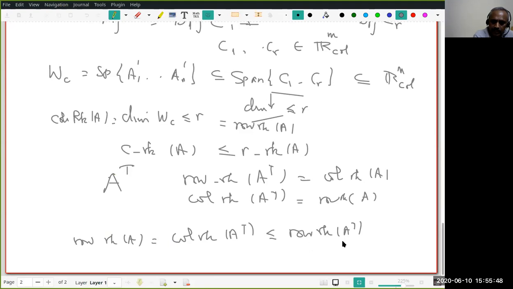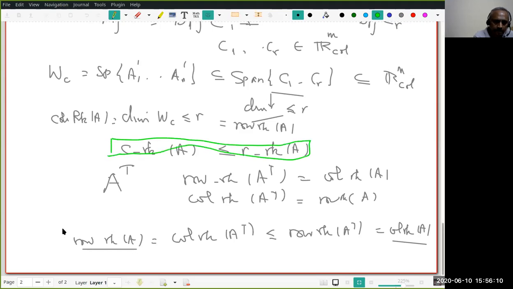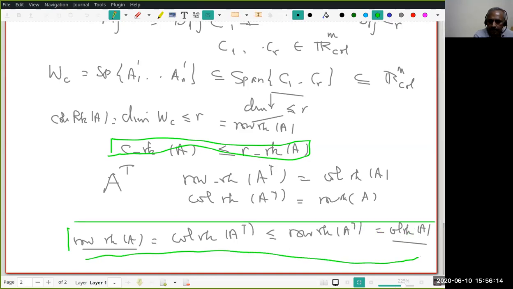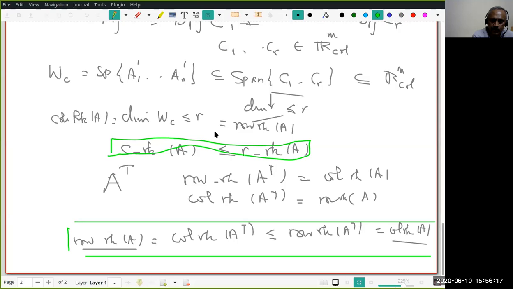But we know the row rank of A transpose is nothing other than the column rank of A. Therefore, we have proved the row rank of A is less than or equal to the column rank of A, and we had already proved the column rank of A is less than or equal to the row rank. So these two things prove what we wanted: the row rank of A equals the column rank of A.